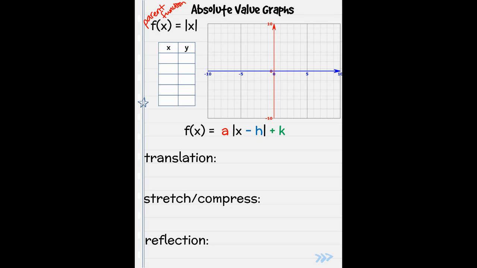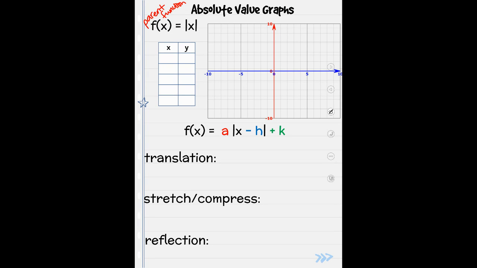We have parent functions for every single one of our functions that we graph. It's basically just saying that this is the basic graph and nothing is happening to it. So let's go ahead and graph this parent function by plotting points. That's how we generally graph.